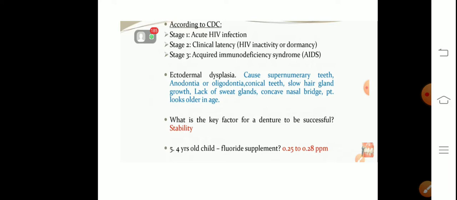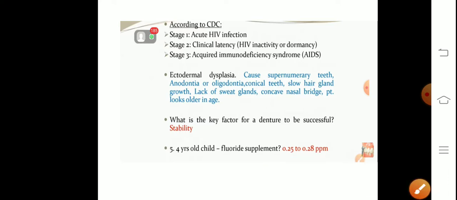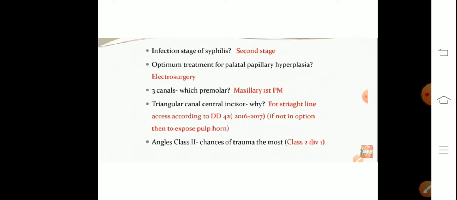Next question: a 5.4-year-old child. How much fluoride supplement should be given to a child at this age? It is around 0.25 to 0.28 ppm. This much fluoride is given to a child of 5 years old. Next question: the infectious stage of syphilis.